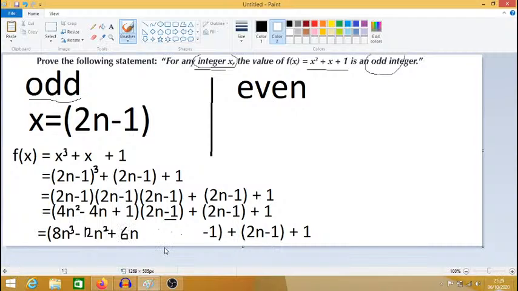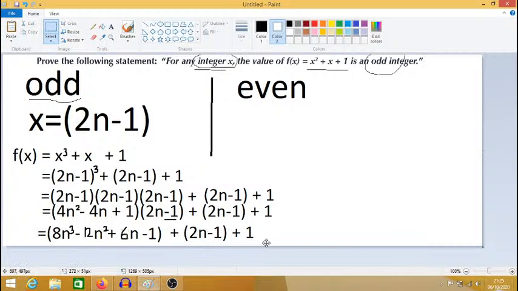And if this is the first time you've done triple brackets for a while, then you'll get the hang of it, but you do have to go slowly initially. And then we've got the minus 1 at the end here. Now there's nothing on the outside of any of these brackets, so I can drop the brackets as long as no signs need to be changed.